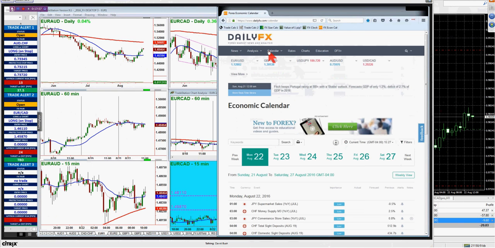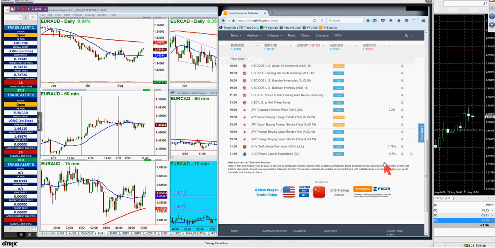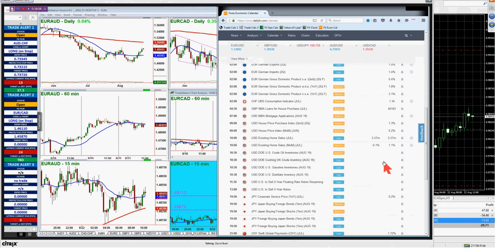Tuesday, there is a fair amount of data, no high importance items. However, Wednesday, similar, a lot of medium importance items, some Eurozone GDP. There is even some Swissy data, all at 2 a.m. Eastern.